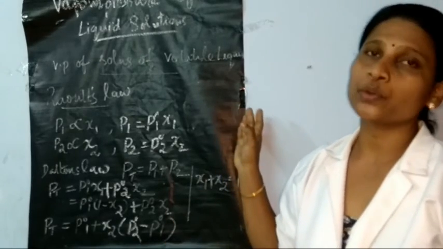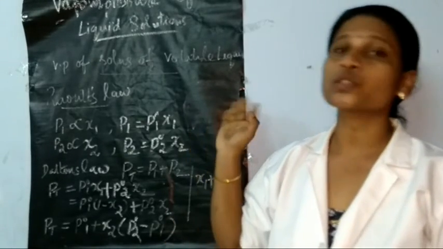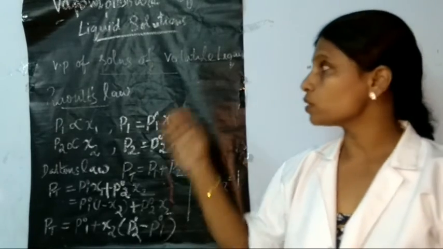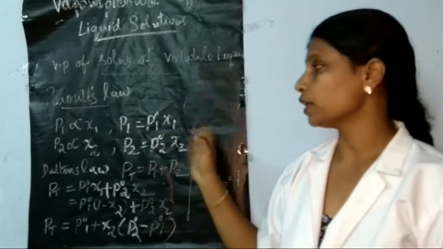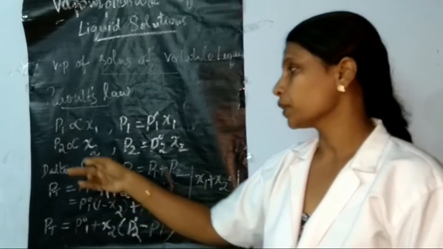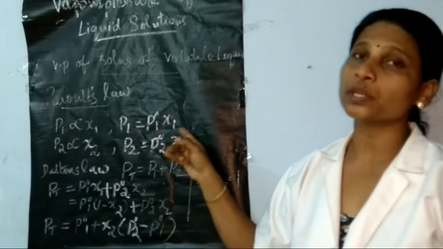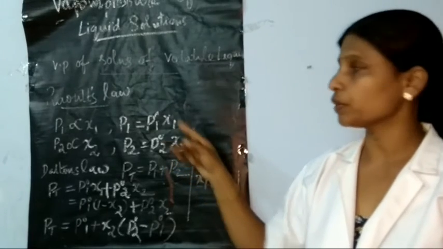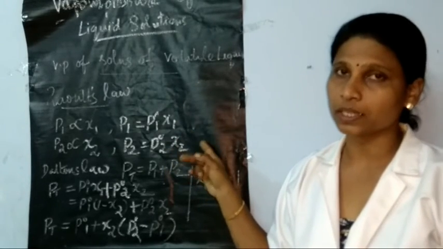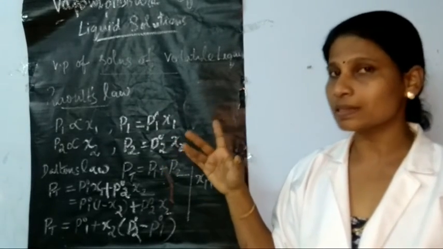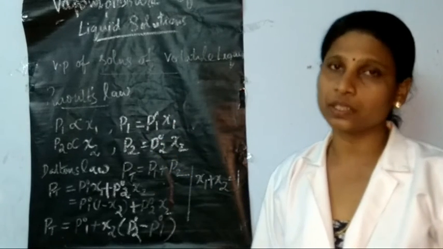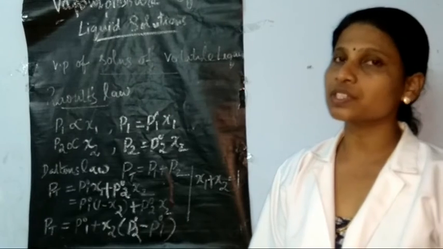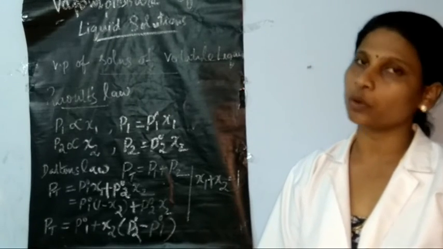Next we discuss why Raoult's law becomes a special case of Henry's law. Raoult's law: P1 is equal to P01 into X1, P2 is equal to P02 into X2, where P01 and P02 are proportionality constants. From Henry's law, P is equal to Kh into X, where Kh is Henry's law constant and X is the mole fraction.